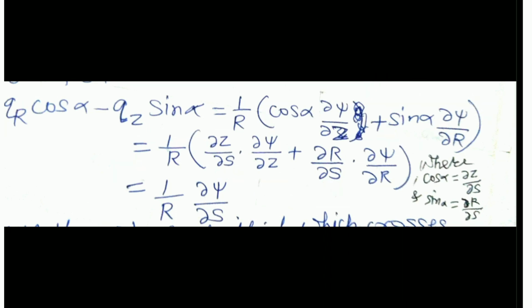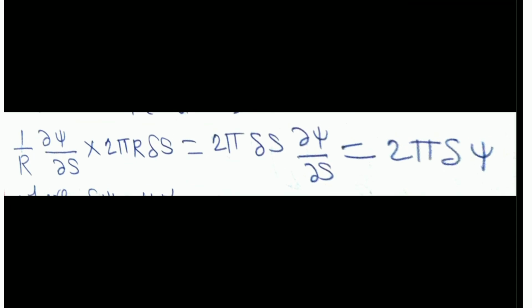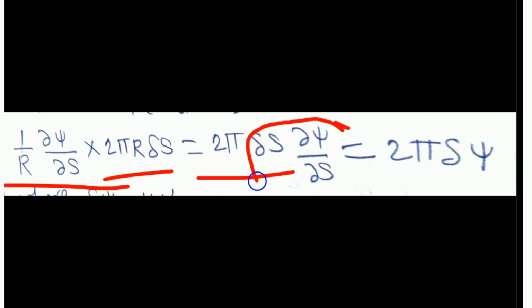So what we get is 1 upon R of dou Z by dou S into dou psi by dou Z as it is, plus dou R by dou S into dou psi by dou R as it is, and this can be written as 1 upon R dou psi by dou S. Thus the volume of the fluid which crosses the surface of revolution at PP dash about OZ per unit time is 1 upon R dou psi by dou S into 2 pi R delta S, which is equal to 2 pi delta S dou psi by dou S, and this delta S dou psi by dou S can be written as delta psi.